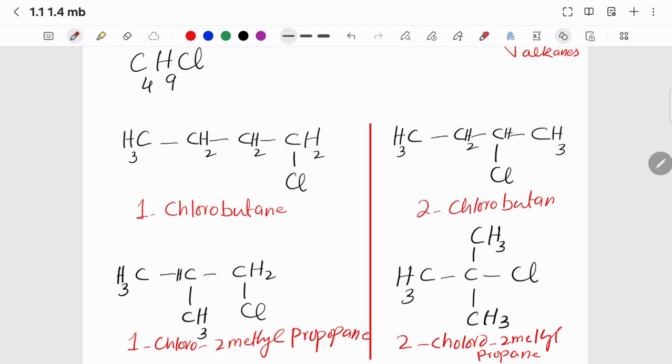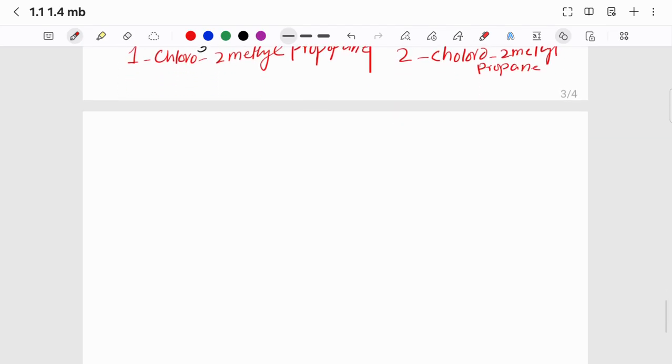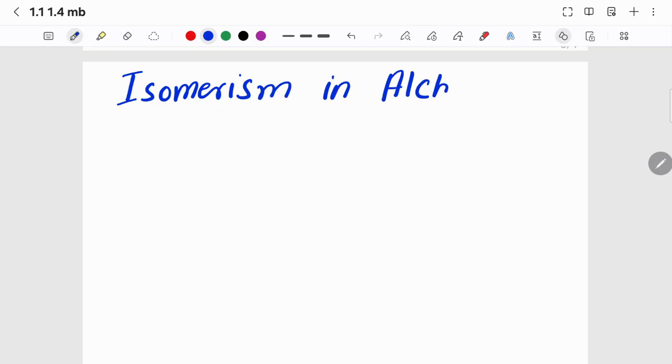Okay, let's take another example. This time I'm going to take an example of alcohol, again with the 4 carbon atom. Isomerism in alcohols.